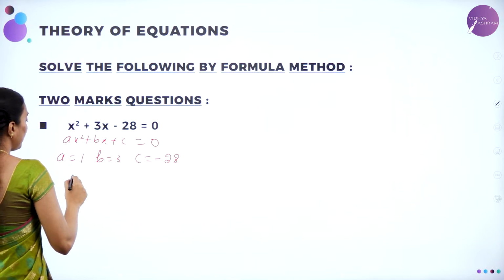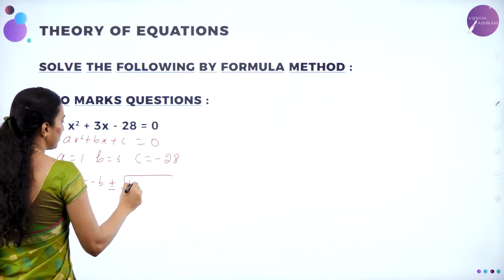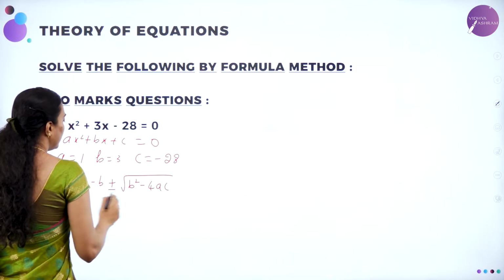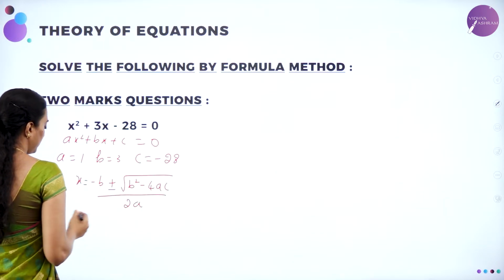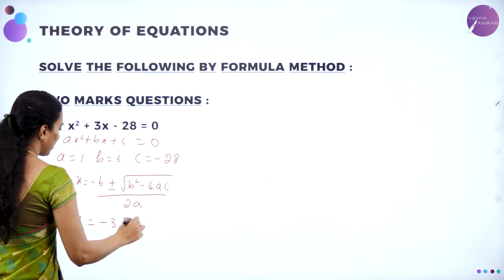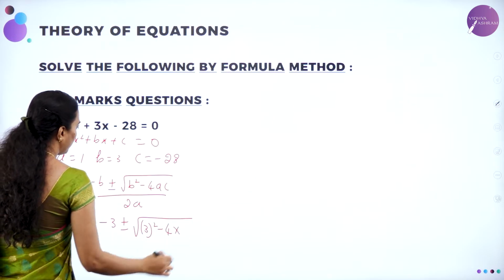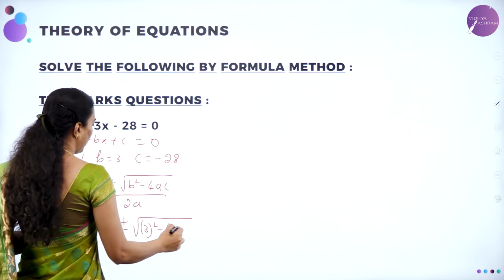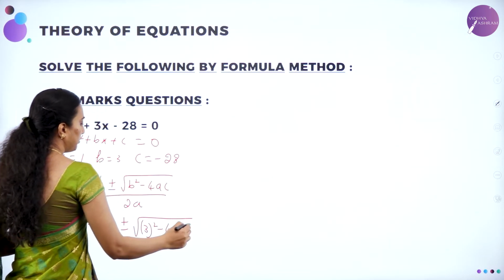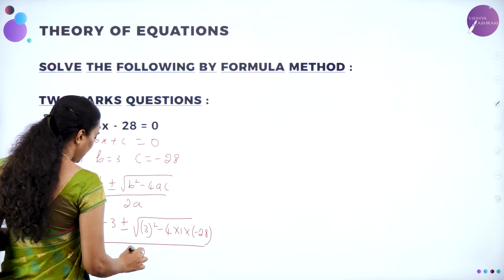Therefore, x is equal to minus b plus or minus square root of b squared minus 4ac divided by 2a, which implies x will be equal to minus 3 plus or minus square root of 3 whole squared minus 4 into a, which is 1, into c, which is minus 28, divided by 2 into a.